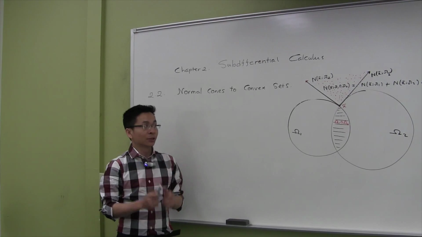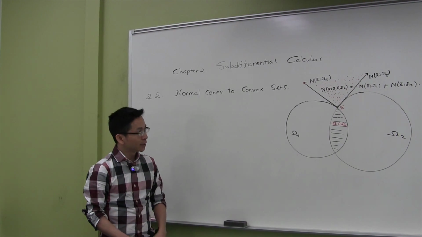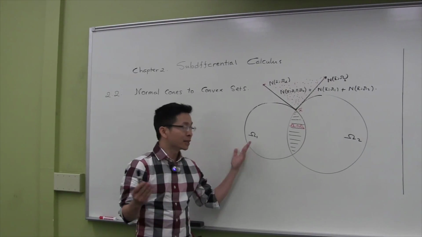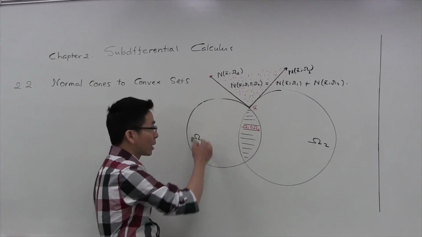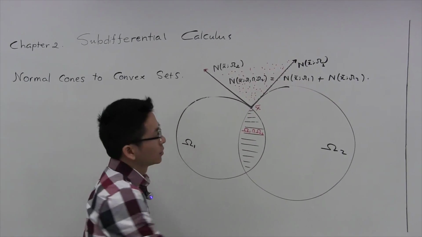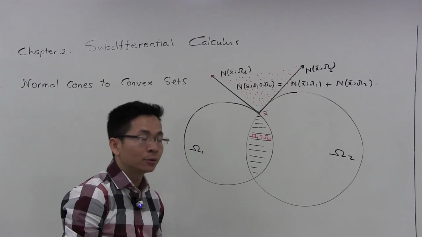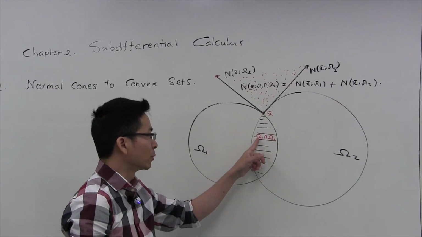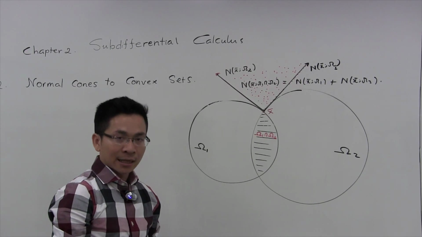Now I'm going to continue with the most important theorem of this section on the normal cone to the intersection of two convex sets. In this figure, omega 1 is a convex set and omega 2 is another convex set. As we know, the intersection of omega 1 and omega 2 is a convex set as well.